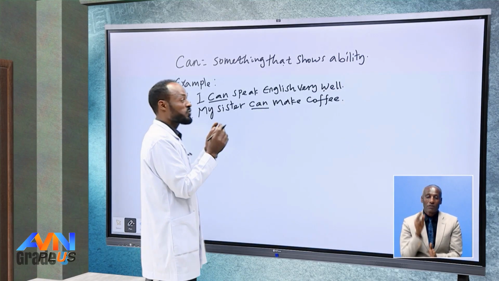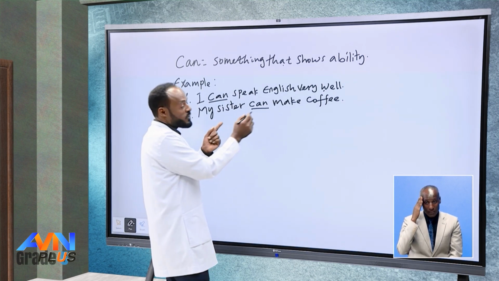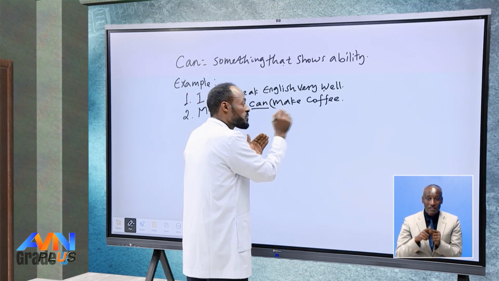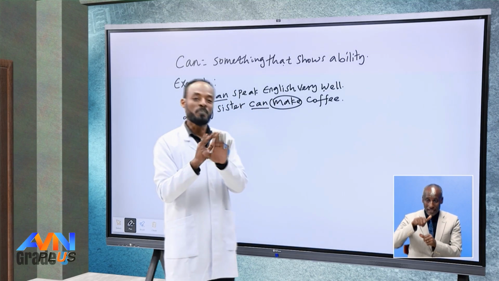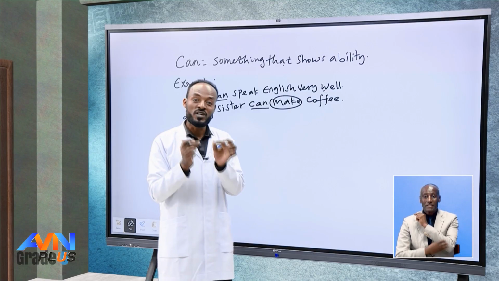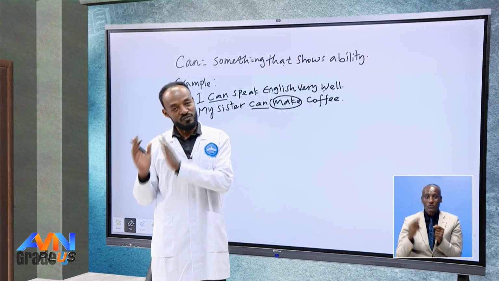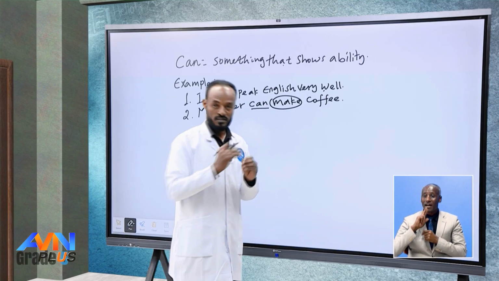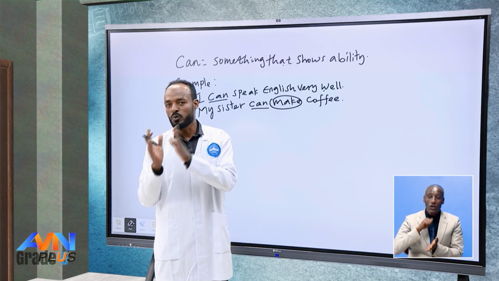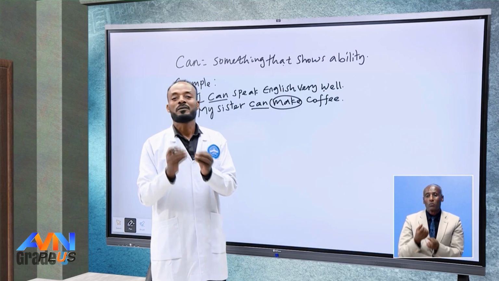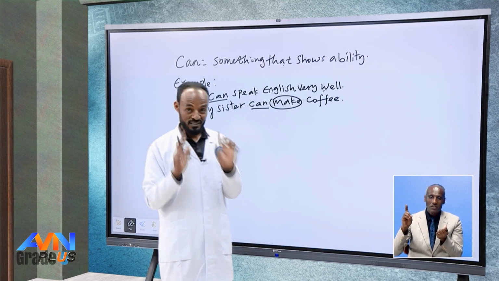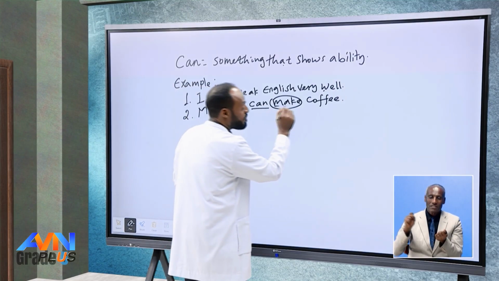But what you have to bear in mind is that while you are using such words, the verb which comes next to the modal verb should be a base verb. Do you know what a base verb means? A base verb is the verb which does not take prefix and suffix, and also does not take plural, singular, and also ed, d, s, is, and so forth. This one is just a base verb.